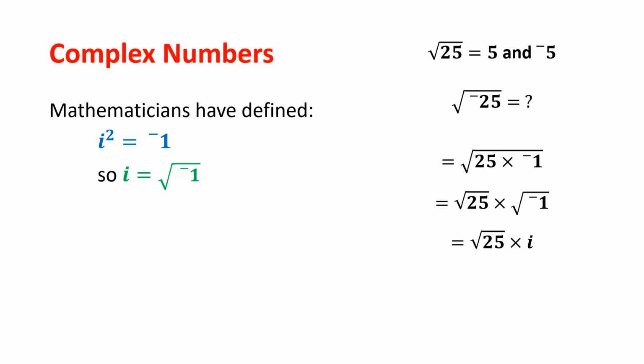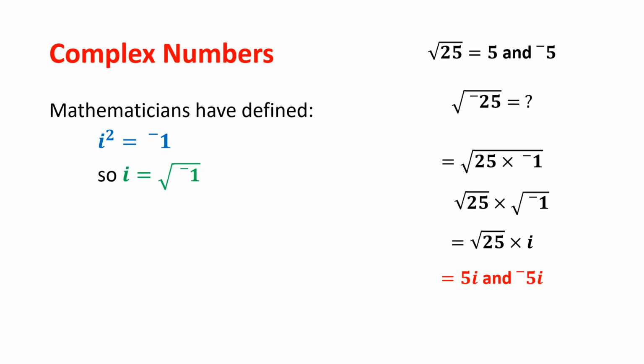And because we've got this definition over on the left, i is equal to the square root of negative 1, we could replace this with i, and therefore we get the square root of 25 times i. Now, because we have two solutions to the square root of 25, we end up with two solutions to this problem. The first solution is going to be 5i, and the second solution is negative 5i.